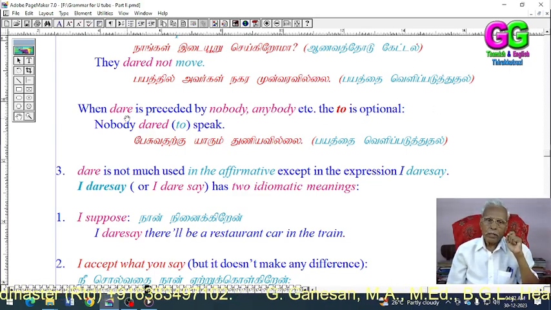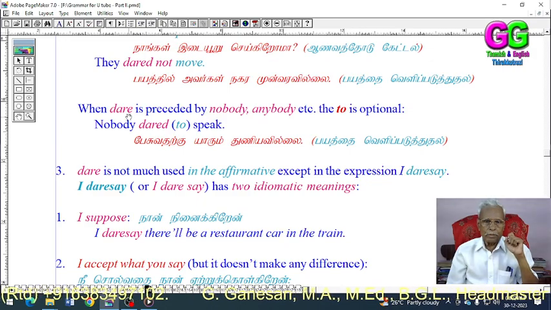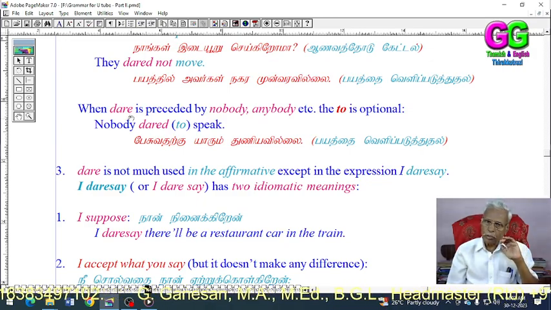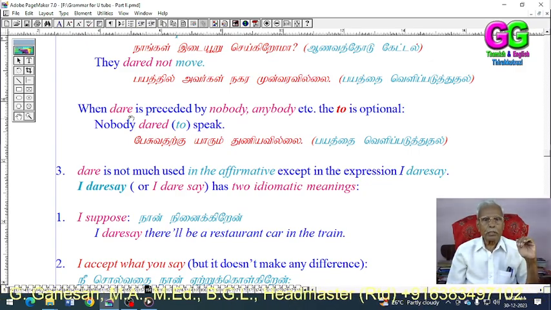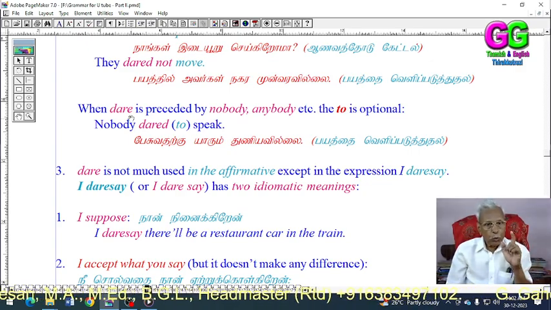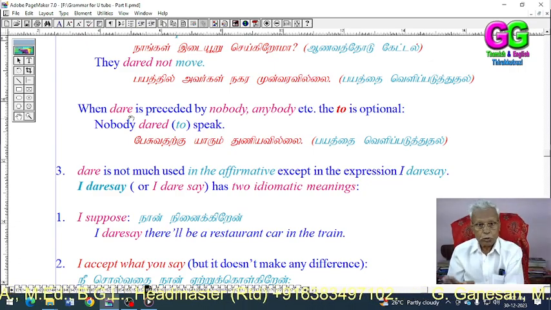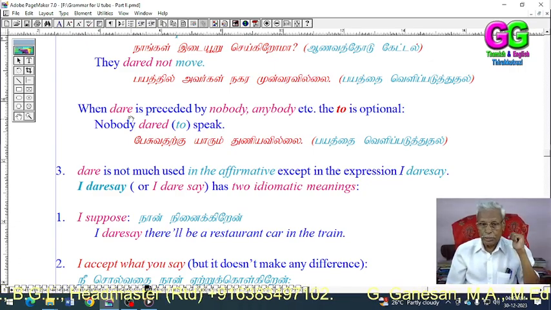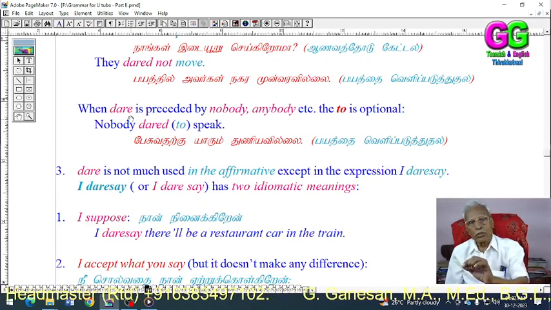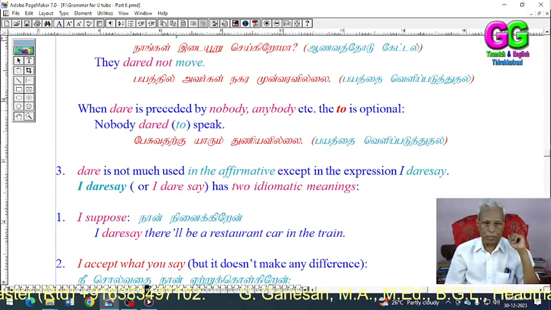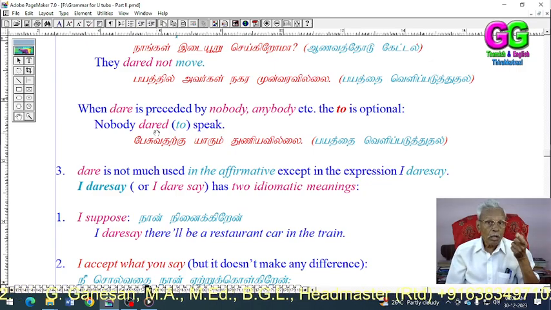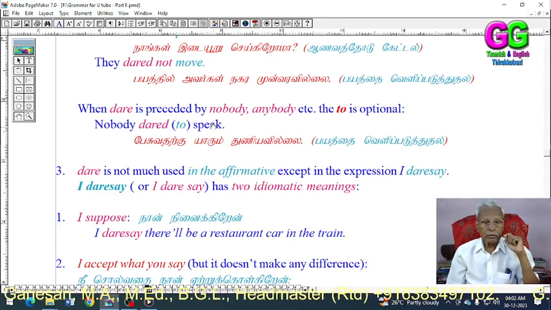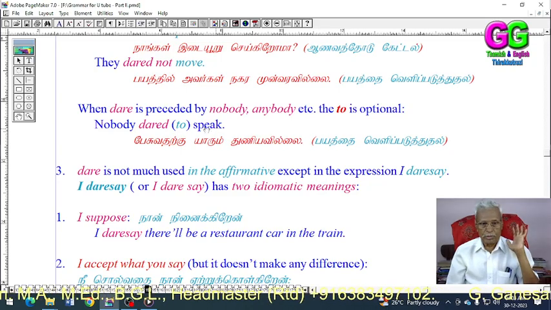That is, when dare follows nobody, anybody, the infinitive to is often absent. Nobody dared speak. That is, to speak. Here, the to is absent.